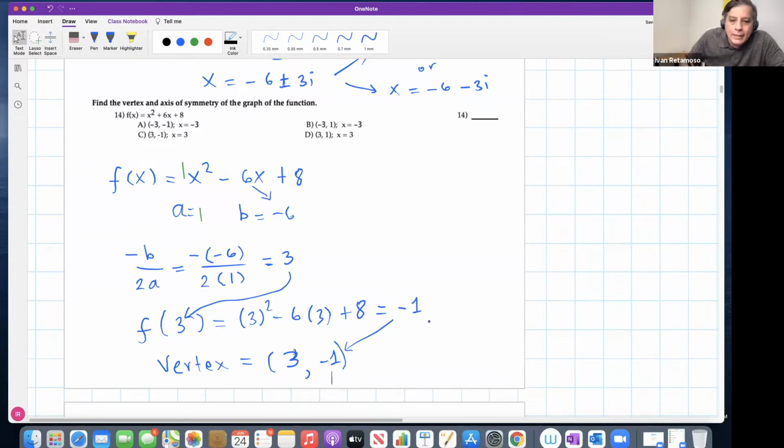This is the vertex. And also we said that the axis of symmetry is given by this equation. X equals, you pick up the first coordinate, 3. X equals 3.